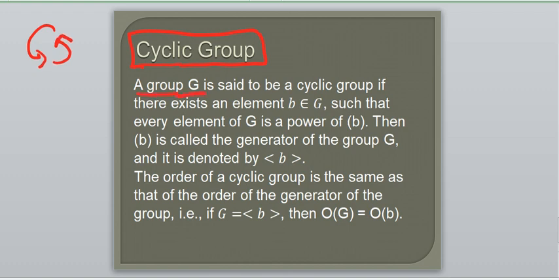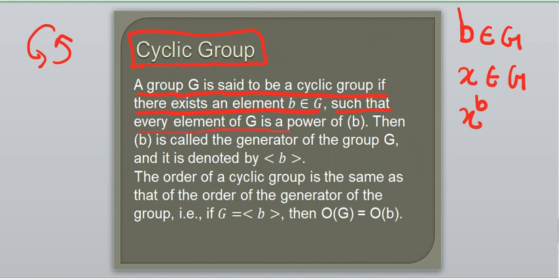A group G is said to be a cyclic group if there exists an element B belonging to G, such that every element of G is a power of B. Suppose I take an element X that belongs to G, it will be B to the power of some number.